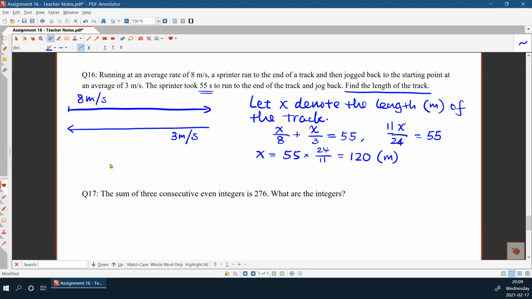Unit is meters. So what is x here? X is the length of the track, right? So when we get x, we solve the problem. So the conclusion is the length of the track is 120 meters.